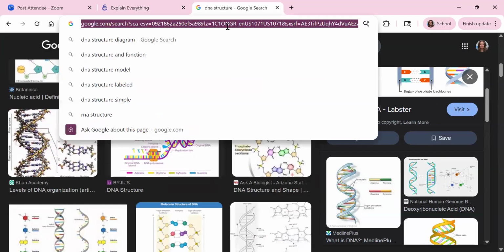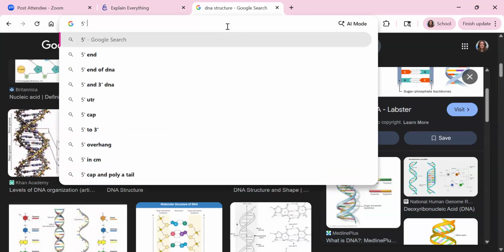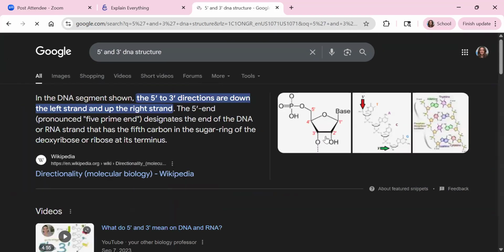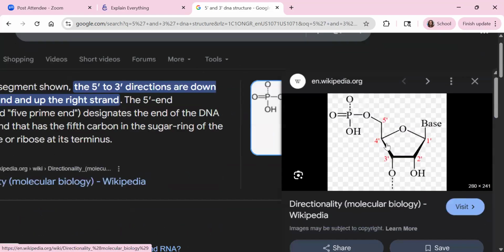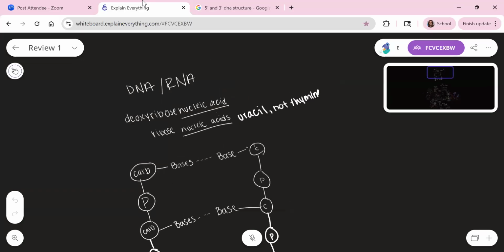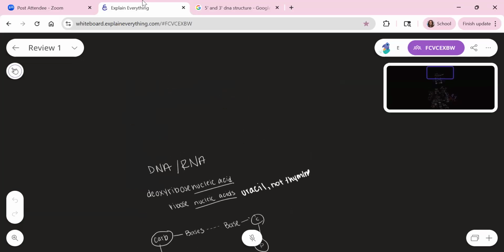And then I want to see 5' and 3'. Okay, so see this right here. I think this is actually a really good picture. When we're looking at DNA, we add in the 3' direction. I know this is one of the things you guys wanted to cover.